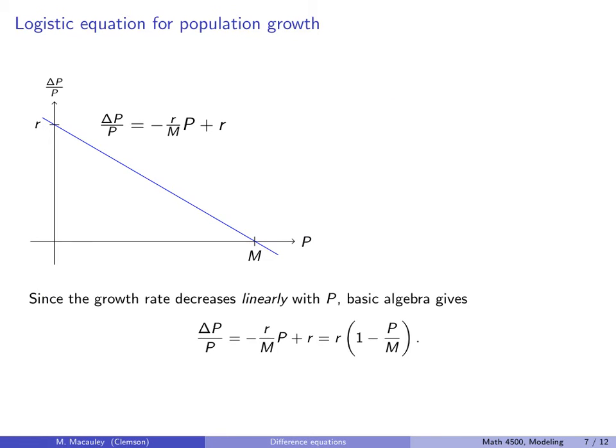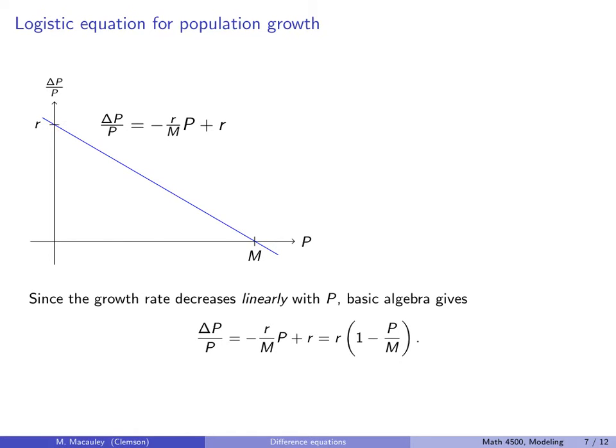Okay, so here's a better picture than what I drew on the previous slide. This is the logistic equation right here. Now the equation for this line is, let's see, the slope is negative r over m, times p, plus the y-intercept, which is r.